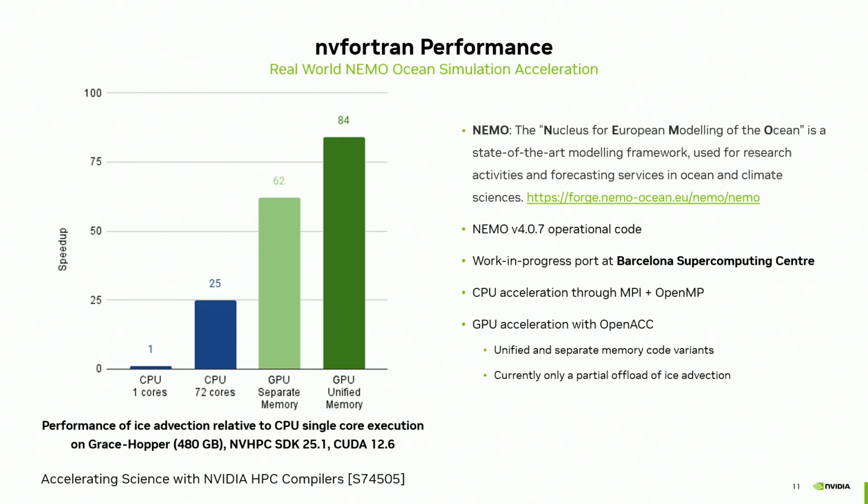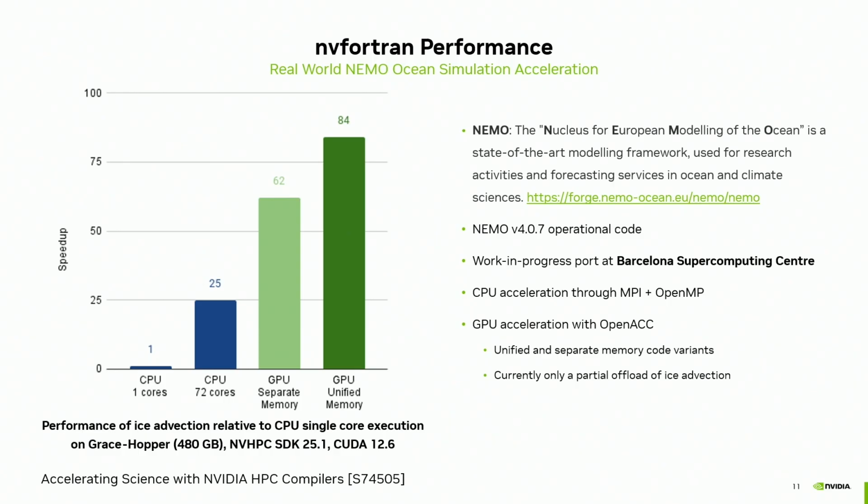The performance that NEMO was able to see as a result of moving from the CPU to the GPU with our HPC compiler, specifically NVFortran, has resulted in an 84x speedup when moving all the way from CPU to GPU with unified memory.